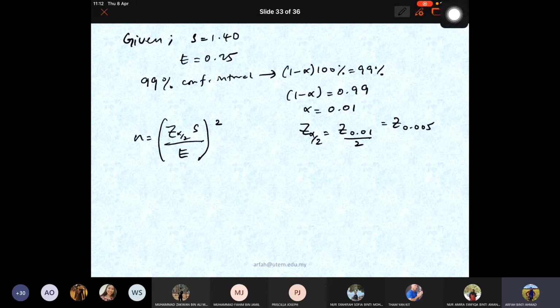So tengok dekat dalam table of standard normal distribution, berapa nilai z 0.005. This one, what will be the value in here?